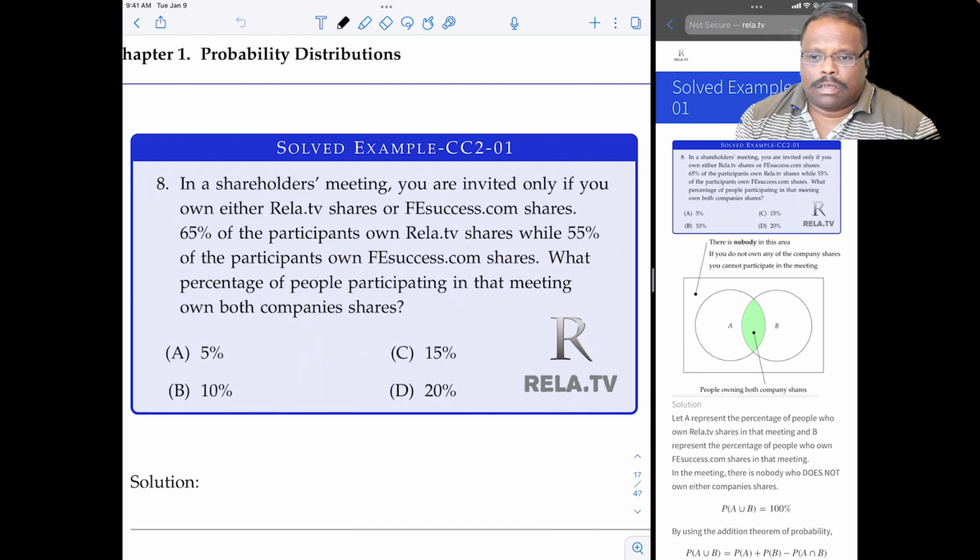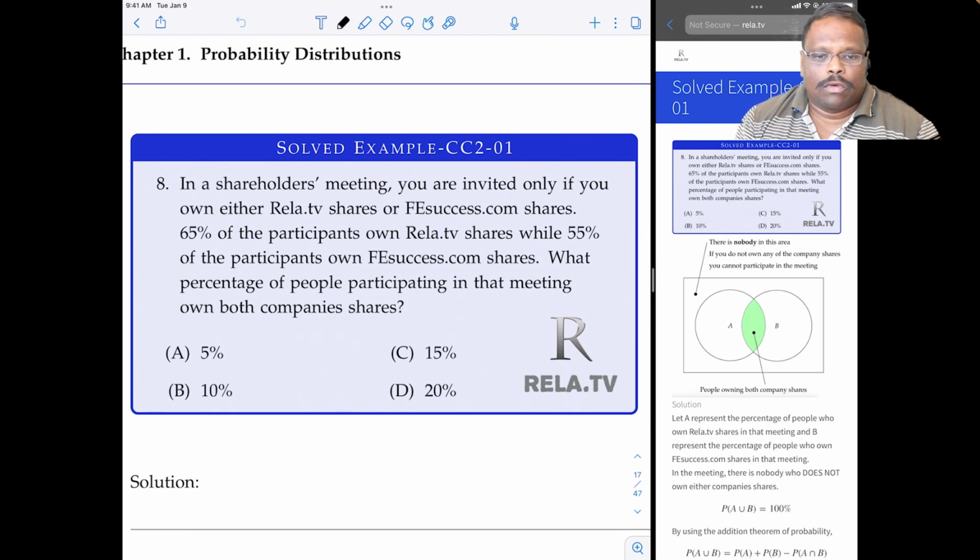There is a shareholders meeting, and obviously you can participate in that meeting if you own shares of one of the two companies. One is Relative, that's RELA.TV, that's our company, and FEsuccess.com, which is our parent company.